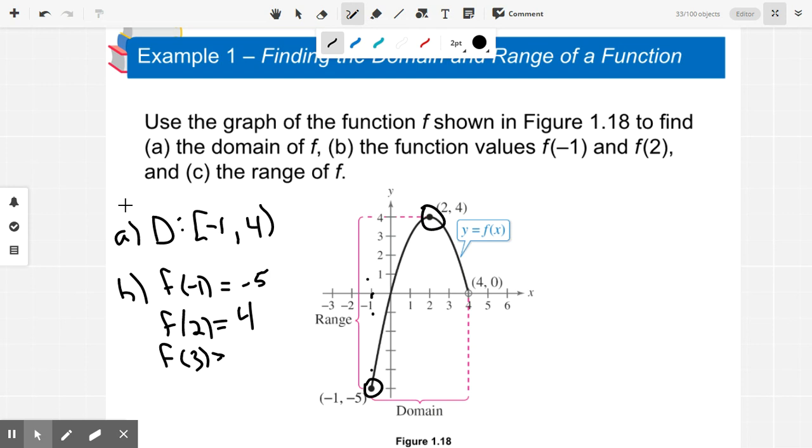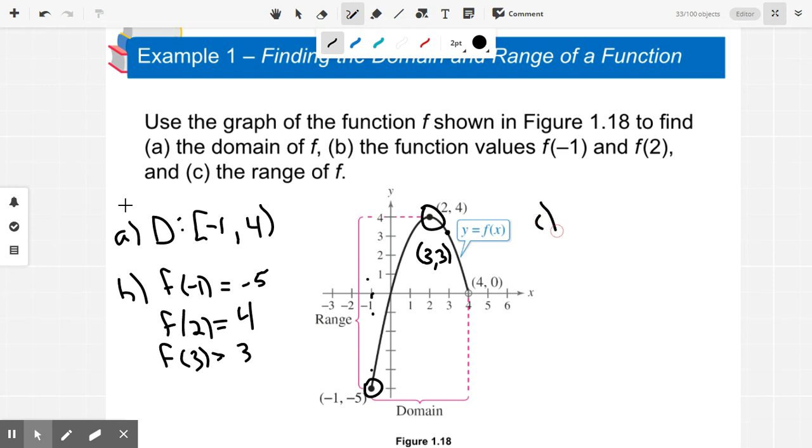I would go up to this point right there, and it looks like it's at about (3, 3). So based on this graph, the function value at 3 is positive 3. Okay, so that's how you use a graph to find different function values.